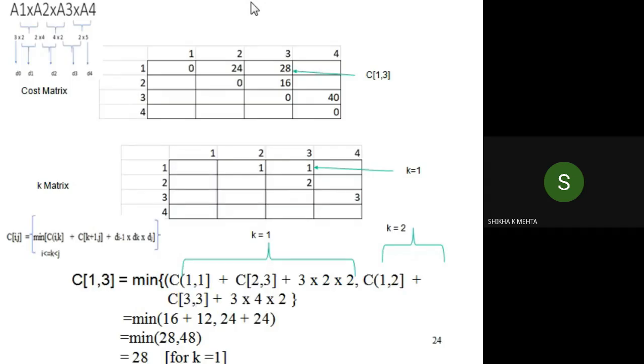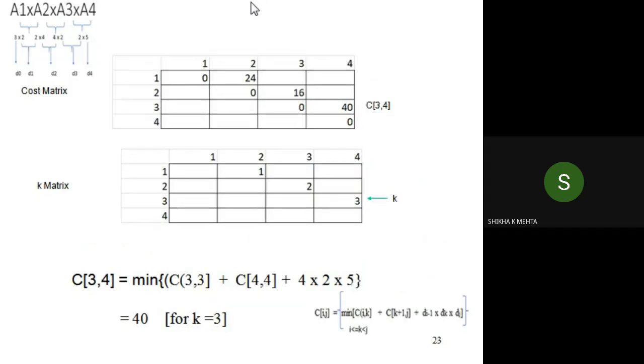Since the difference is 2, we are going to have 2 values, k equal to 1 as well as k equal to 2, because 2 is also less than 3. So we have to do the computations for 2 values of k. Here you can see k equal to 1 and k equal to 2. We have applied the same formula for k equal to 1, and similarly for k equal to 2.